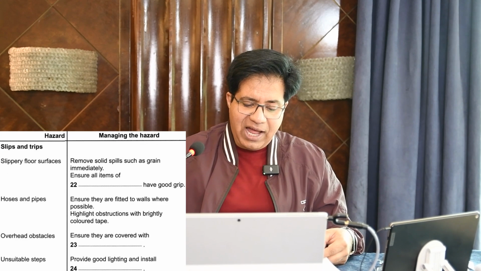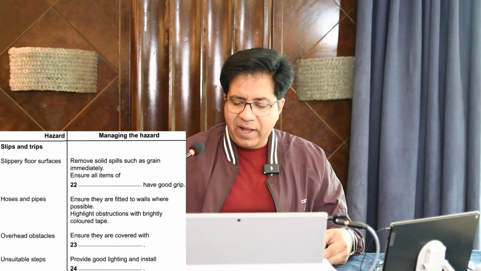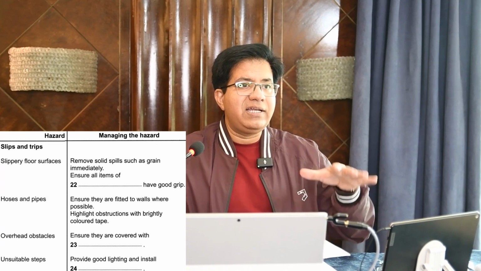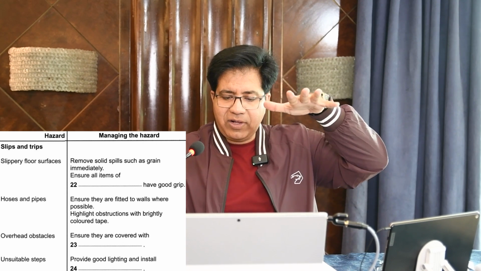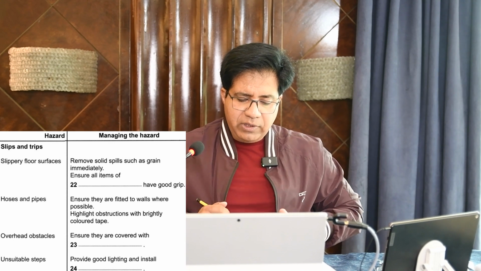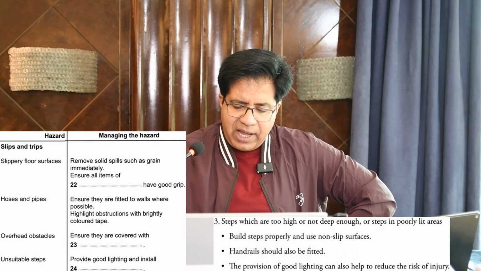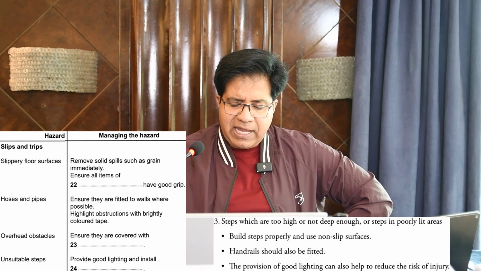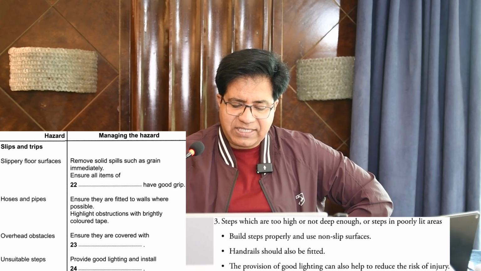Question number 24, unsuitable steps. Provide good lighting and install something. Now listen, think about steps, okay? So provide good lighting and install something. Number 3, steps which are too high or not deep enough. First bullet point, build steps properly and use non-slip surfaces.